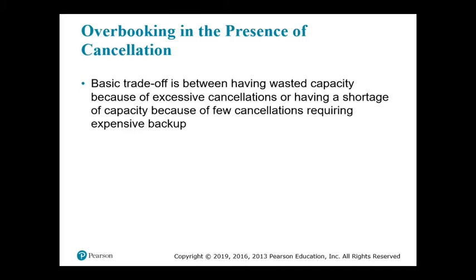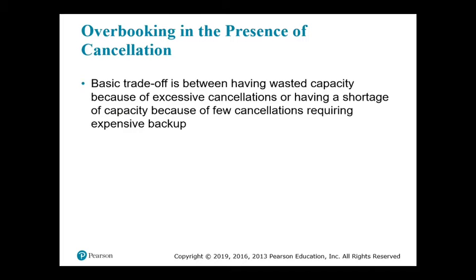So overbooking happens when we're a seller with a limited capacity and we initially sell more than the total capacity, which is also a common practice in the airline industry.